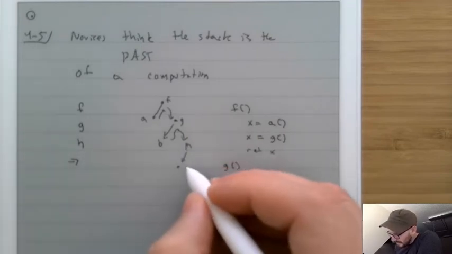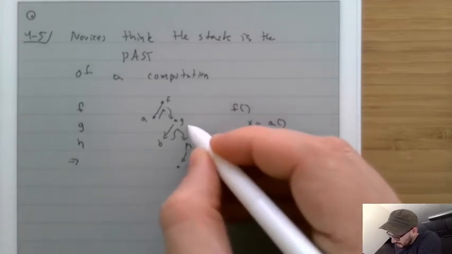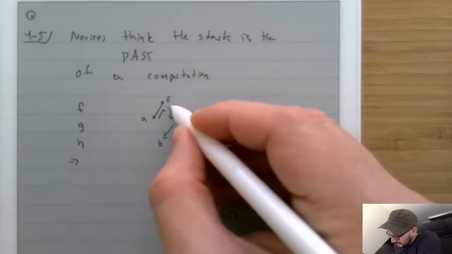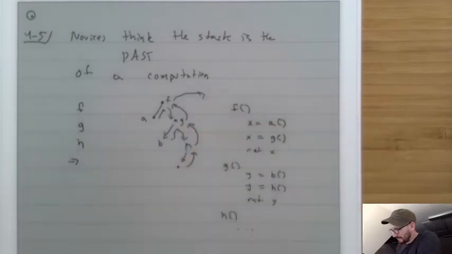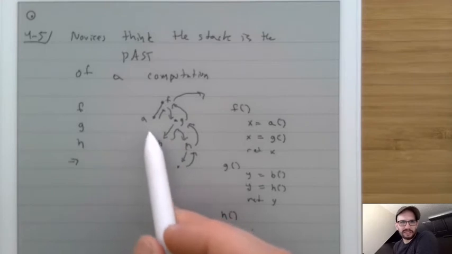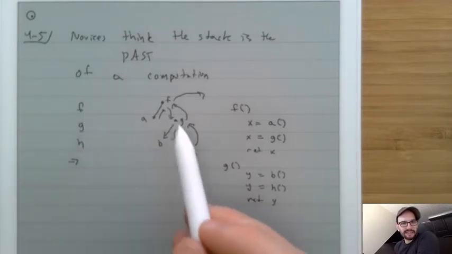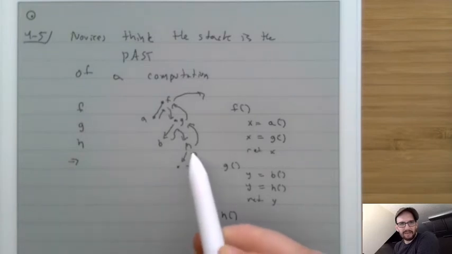And then when we're done, what's going to happen is that we're going to go back to h, and then we're going to go back to g, and then we're going to go back to f, and then we're going to be done. Notice that the past of our computation includes a and b, but they are not represented in the stack. The stack only tells us what's going to happen after this is done.